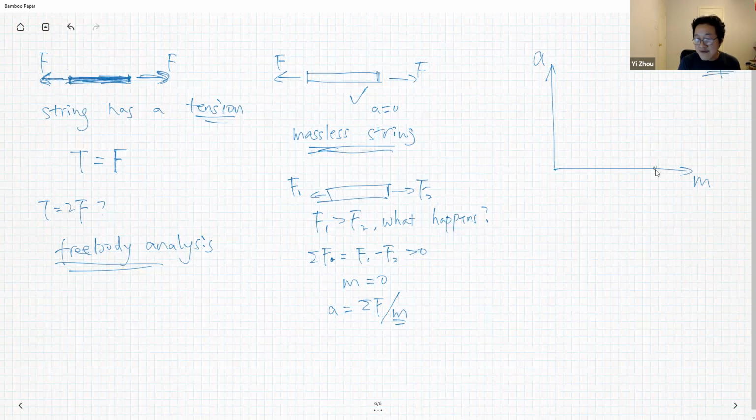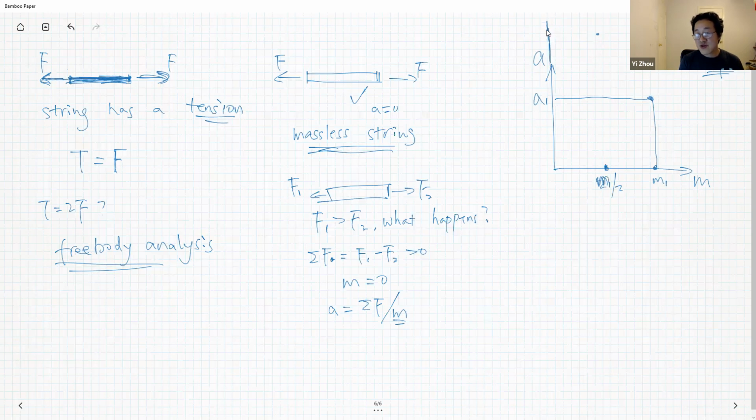If the mass is here, m1, the acceleration will be a1. Then, if the mass is in the middle here, m1 divided by 2, what is the acceleration? What is the point we need to draw in this graph? What is acceleration when we have half the mass? There's twice as much acceleration. Right, there will be twice.